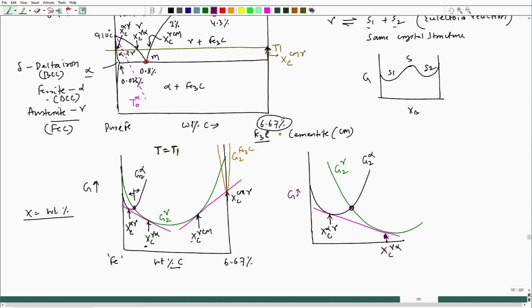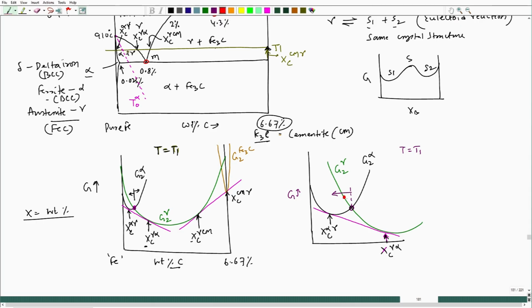If I take a composition left to this, and start at a very high temperature single phase gamma zone, and that gamma is taken to temperature T1, also T equal to T1, then at that condition, to start with, the iron carbon alloy composition will lie on the G2 gamma line.